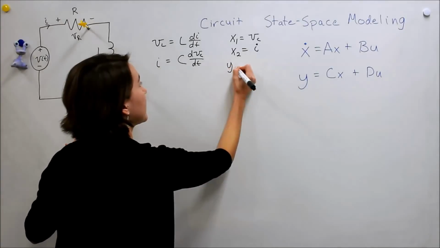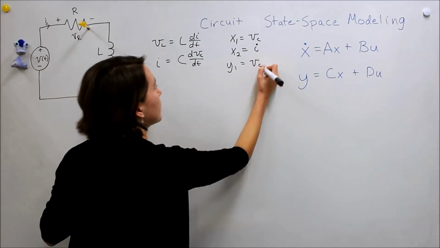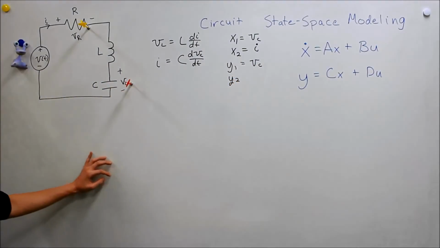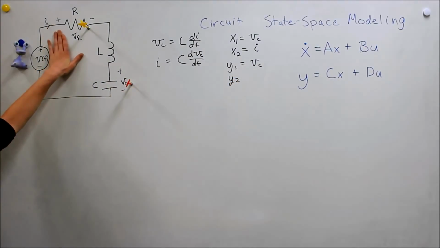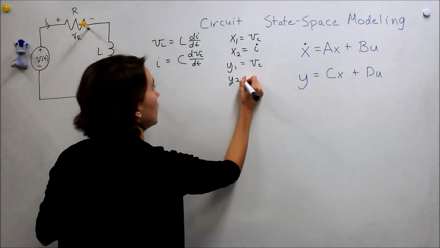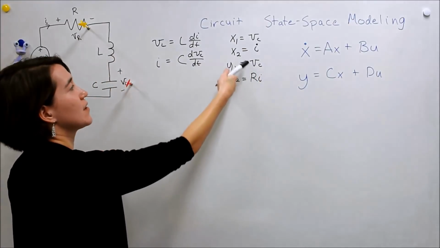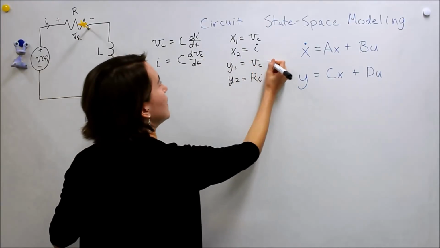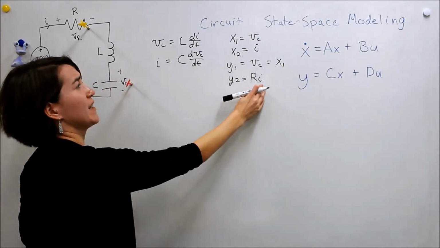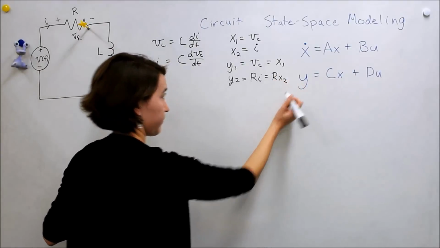So we're going to have Y1, that's going to be VC, and our Y2, what is that going to be? That is going to be, well, the current times R, so it's going to be RI. And if we change these into our state space, VC is just X1, and RI would be R X2.